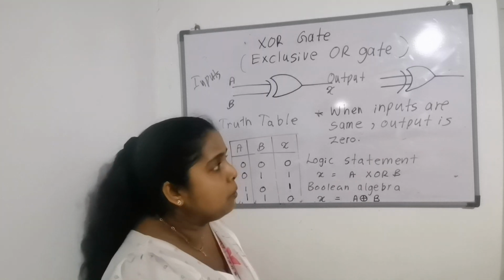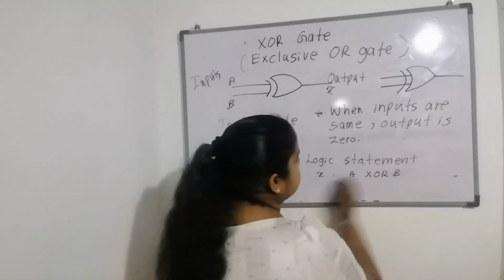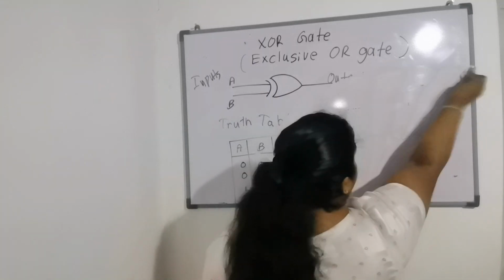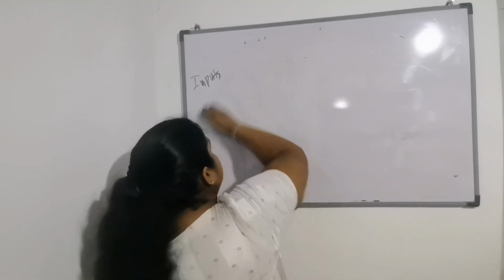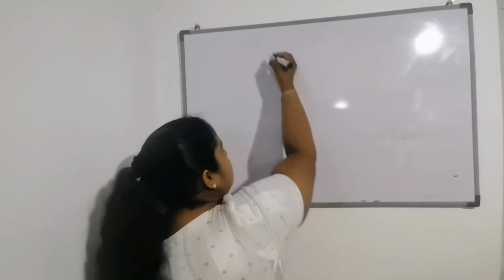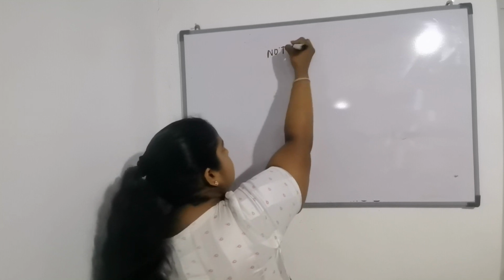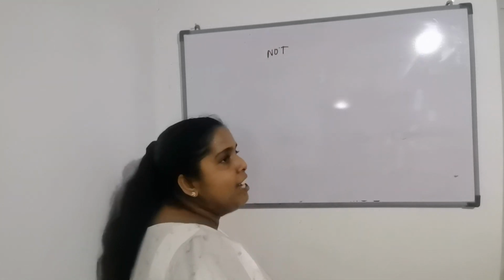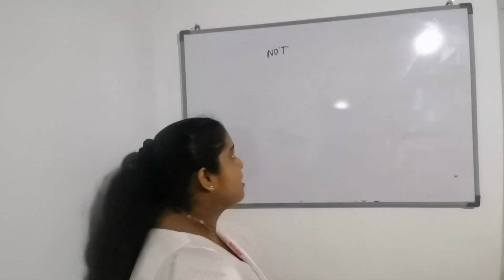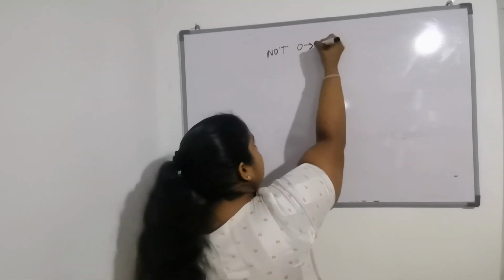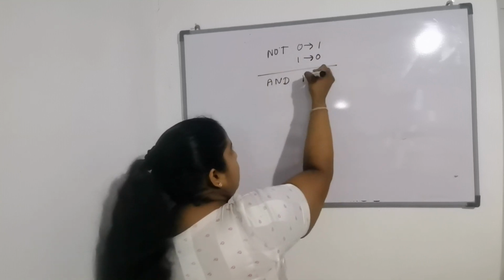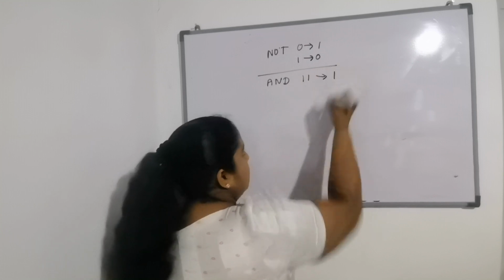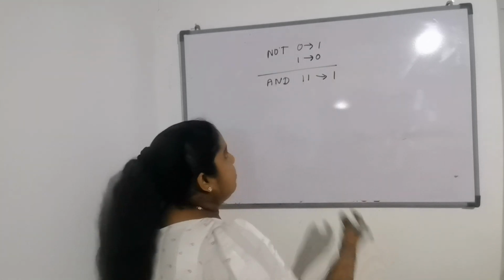So let's see how you can remember these facts easily. To do that, we can use a special way. You can use like this, okay? This is a short note that you should have after learning about all the 6 logic gates. NOT gate, for 0 it will be 1, for 1 it will be 0, and for AND gate, for 1 1 inputs, output will become 1.